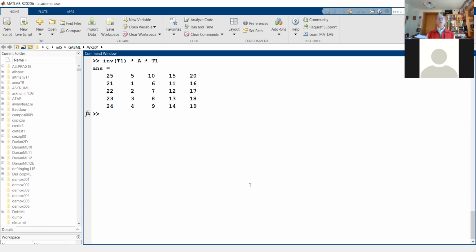So what is happening here? If you have a matrix representing an operator commuting with cyclic shift, you would have assumed that A with T1 is the same as T1 with A. Now that is of course the same as multiplying with the inverse of T1, then with A, then with T1, should be the same.